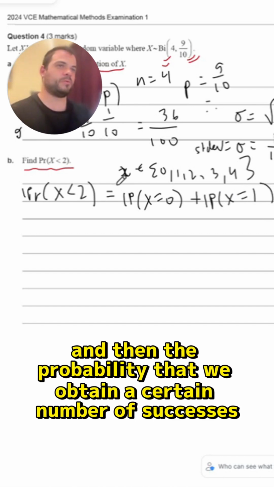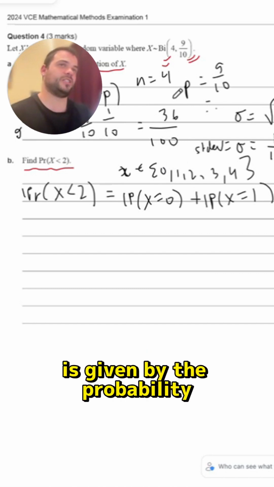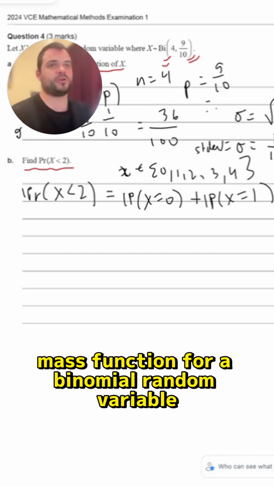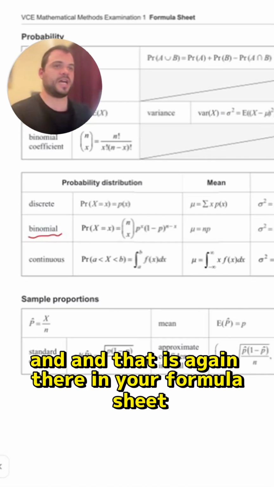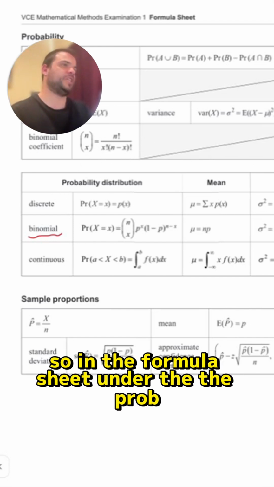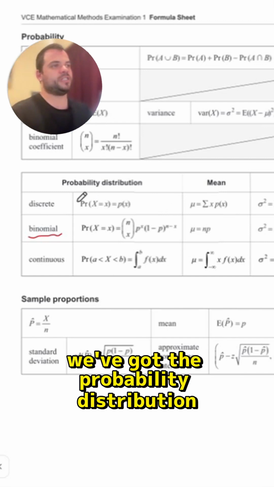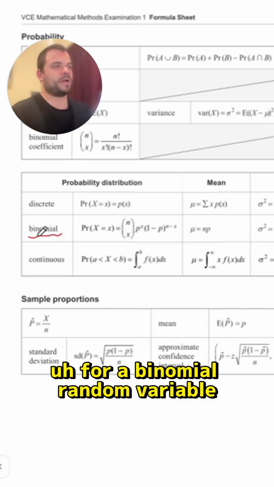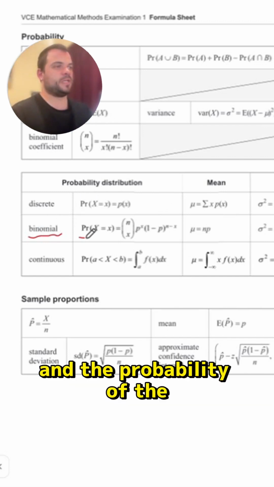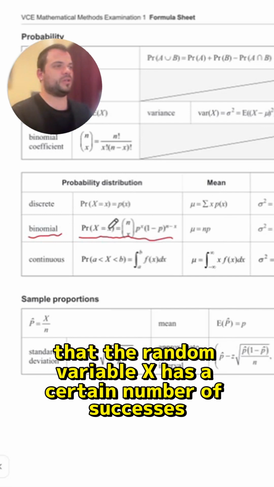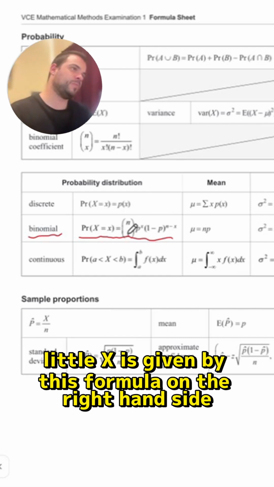And then the probability that we obtain a certain number of successes is given by the probability mass function for a binomial random variable. And that is, again, there in your formula sheet. So in the formula sheet, under the probability section, we've got the probability distribution for a binomial random variable, and the probability that the random variable x has a certain number of successes, little x, is given by this formula on the right hand side.